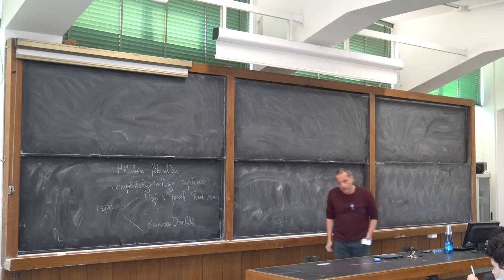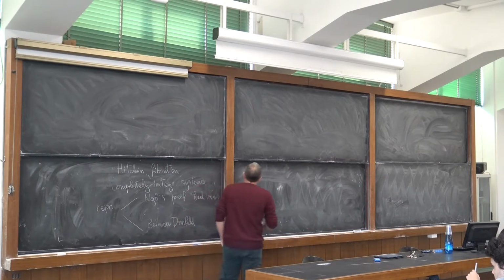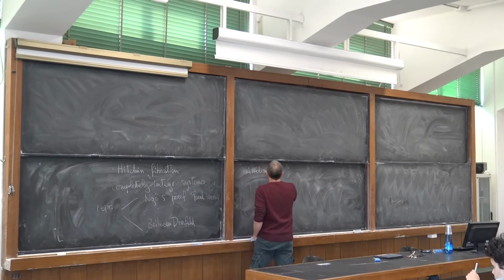So I'll try, as I said, to be very elementary. So let me start with the first thing, which is called Abelianization.